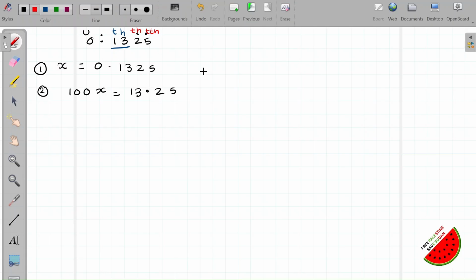That's your first multiplication, and your second multiplication will be by 10,000.